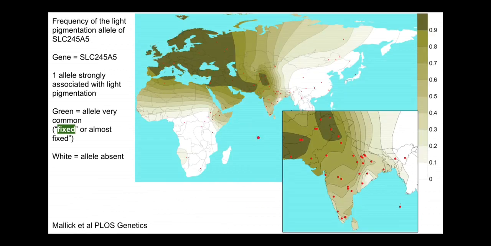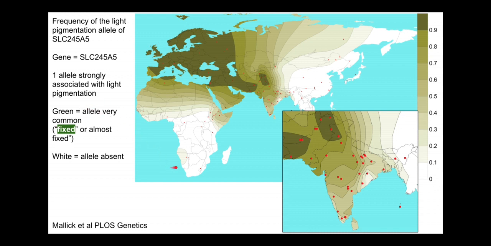And because we know the genetic basis and we can genotype individuals, we can see how the variation in allele frequencies matches up with variation in skin pigmentation. So this is a particular gene, SLC24A5. There was one allele of this gene which happened to be strongly associated with light skin pigmentation, so these researchers assayed for this particular allele across dozens of populations around the globe.